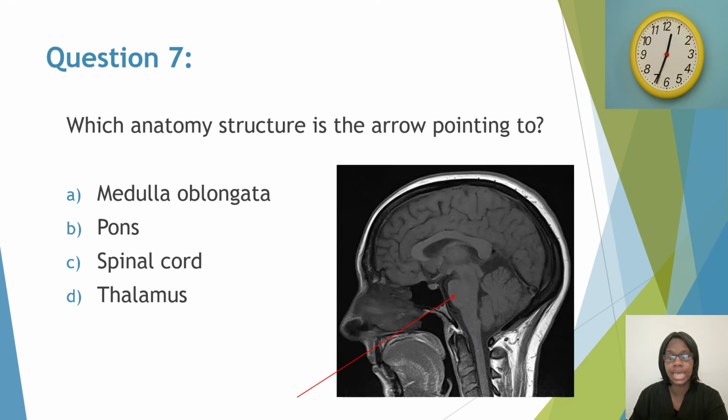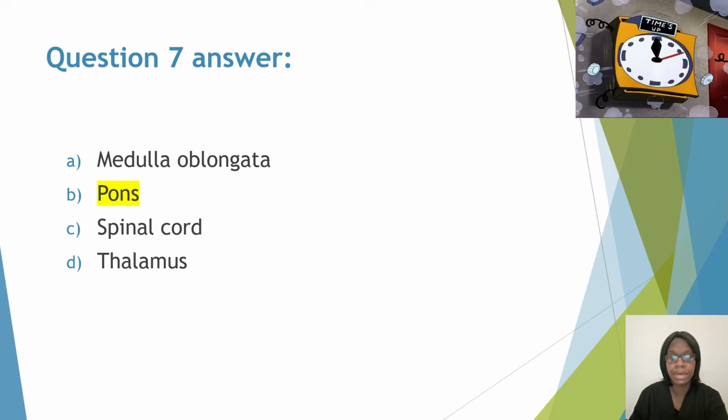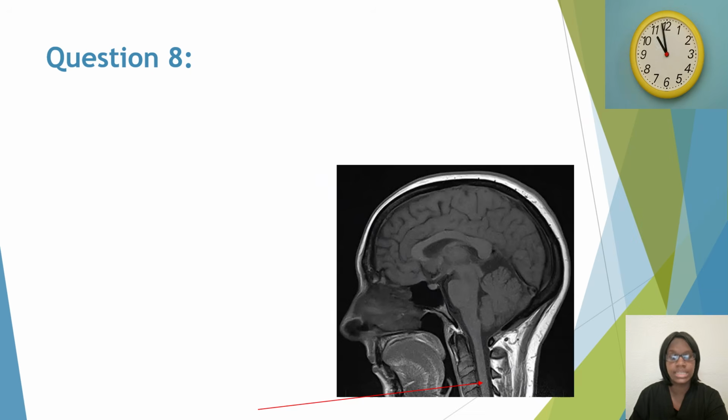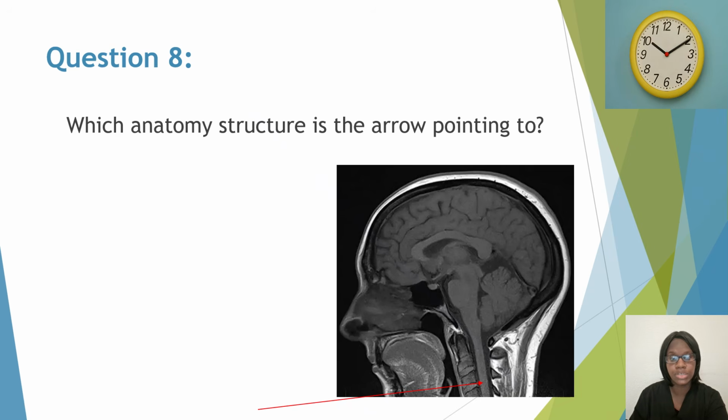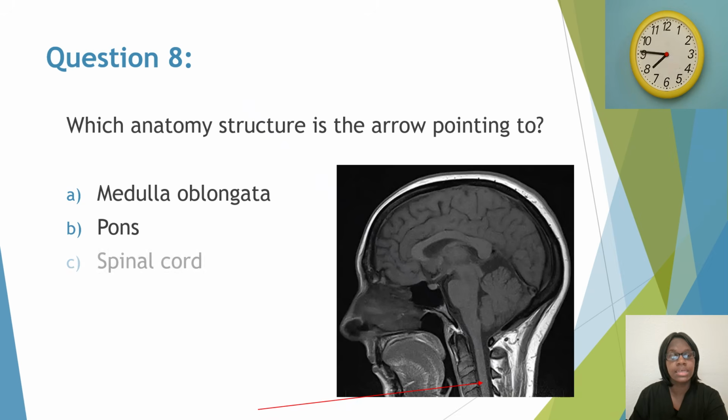All right, the correct answer is B, pons. Question 8. Which anatomy structure is the arrow pointing to? A, medulla oblongata, B, pons, C, spinal cord, D, thalamus.